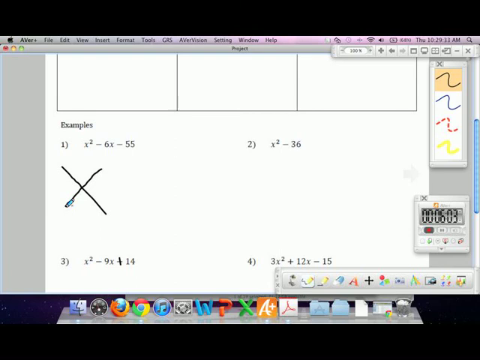Okay, that is the adding box of our diamond problem. In the multiply box, or the top box, goes the product of the two outside terms. So multiply x squared and negative 55. What does that give us? Okay, I have nothing crazy here. Step 3 is solve the diamond problem.